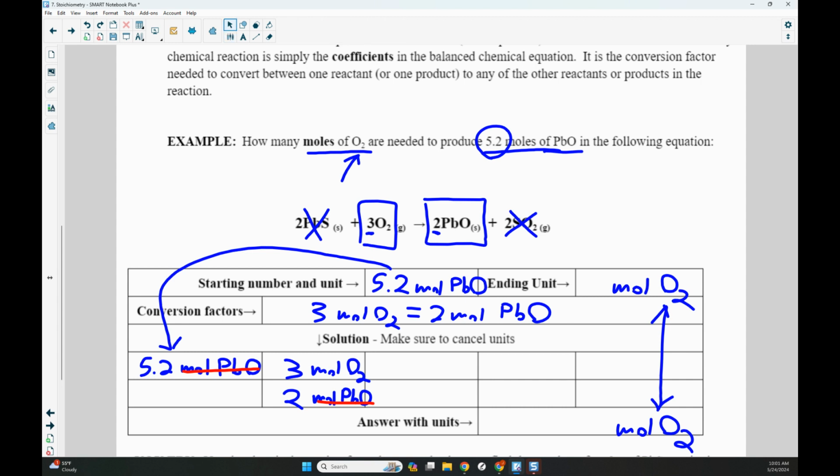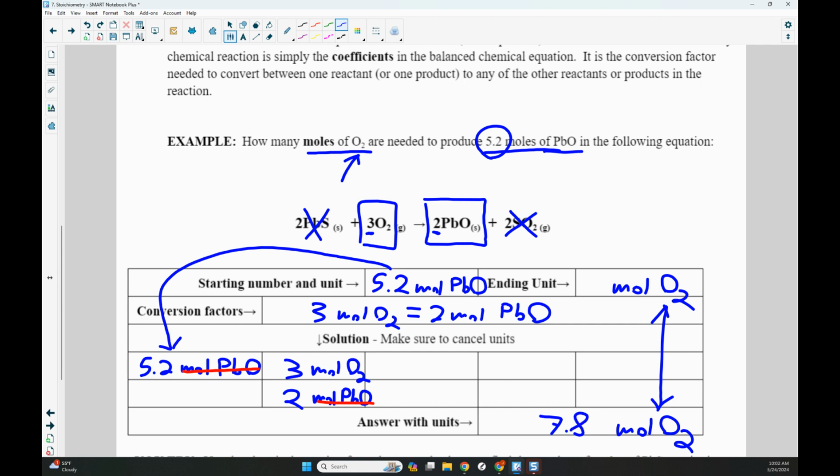Okay, lastly, I'm going to crunch the numbers here in the train tracks. So I'm going to take 5.2 times 3 divided by 2. So I'm going to times on top and divide down. Times on top and divide down, and then we only hit enter once. So again, it's 5.2 times 3 divided by 2, and when I do that, I get 7.8 moles of oxygen.